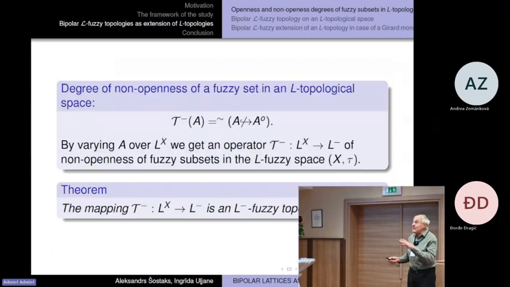Now we defined the degree of non-openness. You see the formula: A is not contained in its interior. It also gives an evaluation, and also a theorem that everything is okay here. It is a mapping, and now it is already an L minus topology.